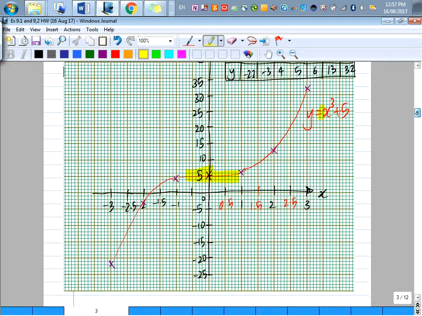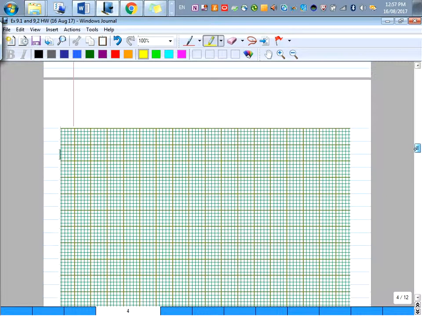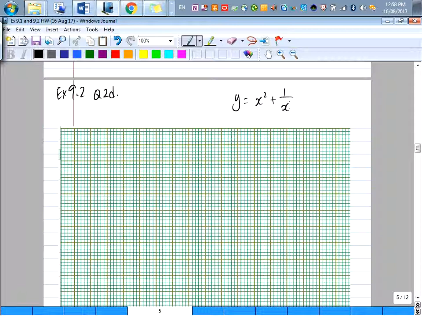Now next, still on 9.2, but question 2D. Similar type of question. So table of values.